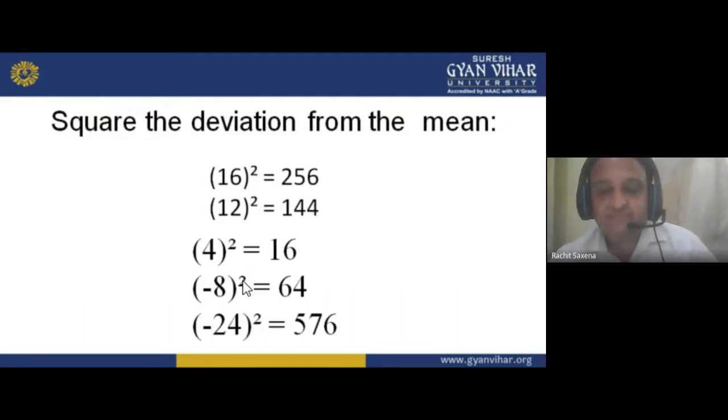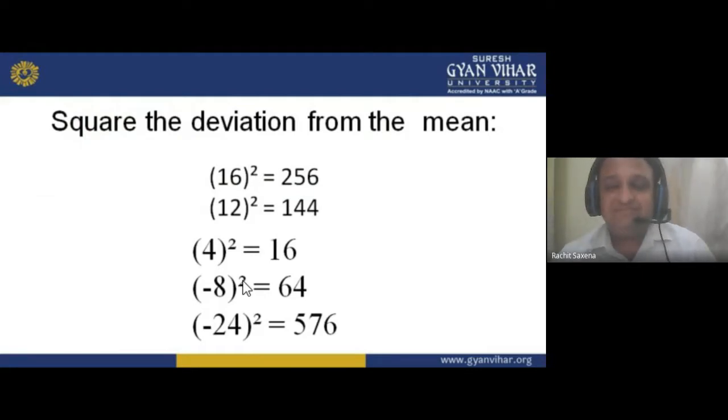Here it is. I hope you understand. The squares are 256 for the first, the second is 144, third is 16, fourth is 64, and fifth is 576. Now see, if I'm taking a square, the negative side will become positive.